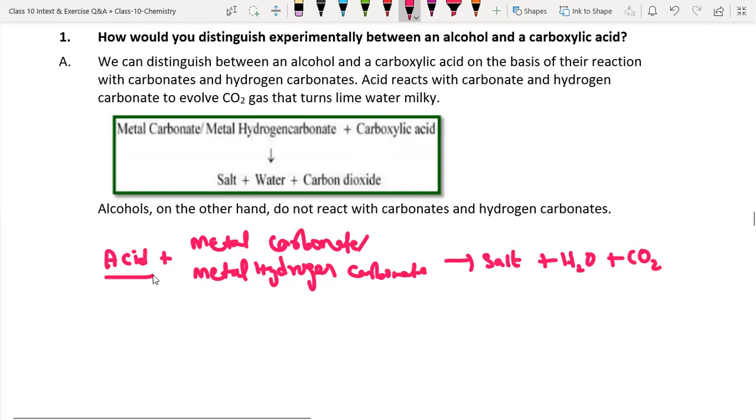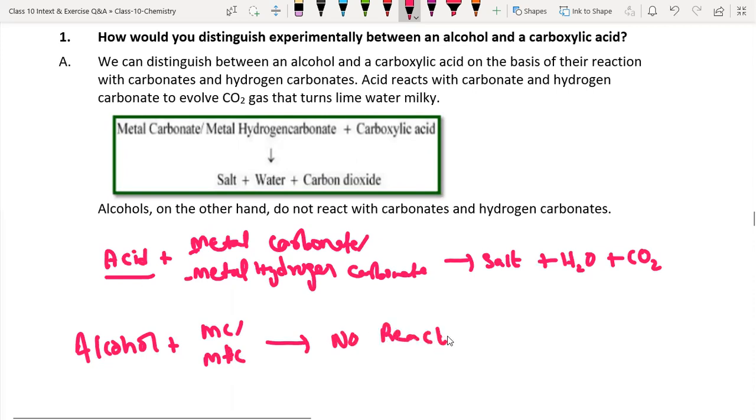What happens if alcohol is added to metal carbonate or metal hydrogen carbonate? It gives rise to no reaction. So that easily we can identify the difference between alcohol and carboxylic acid. That's it.